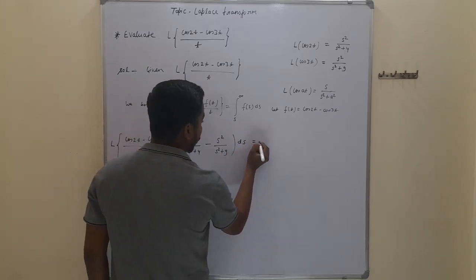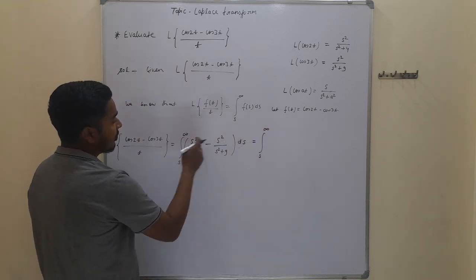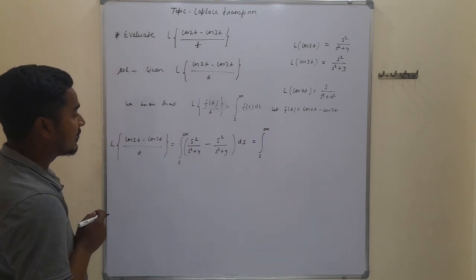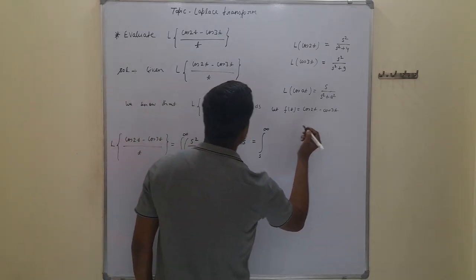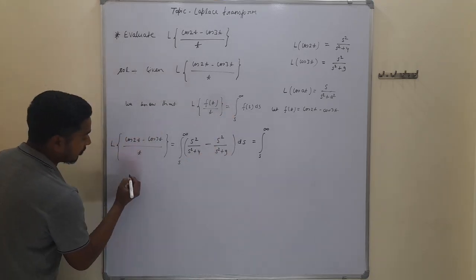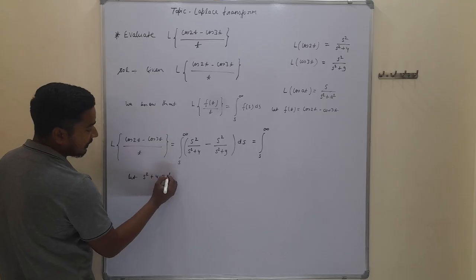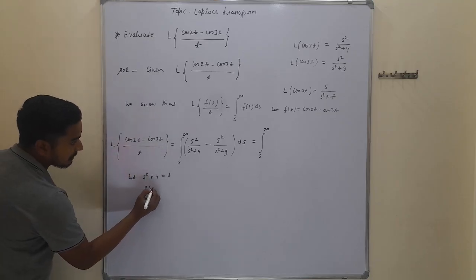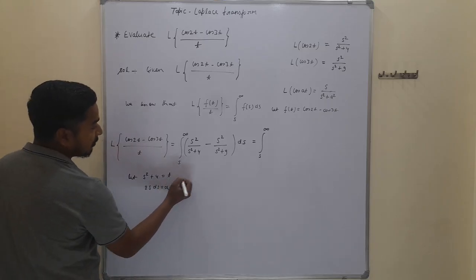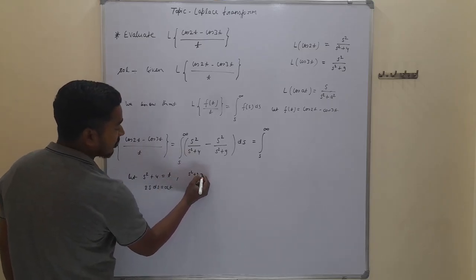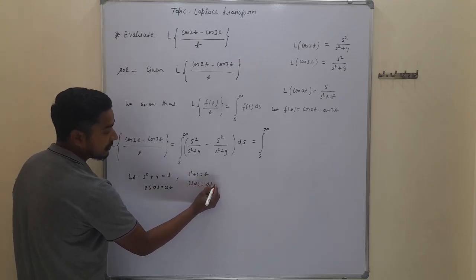Further we solve. This is given by the integral from s to infinity of s square ds upon s square plus 4. Let s square plus 4 be equal to t, then 2s ds is equal to dt. And when we take s square plus 9 equal to t, this gives 2s ds equal to dt.